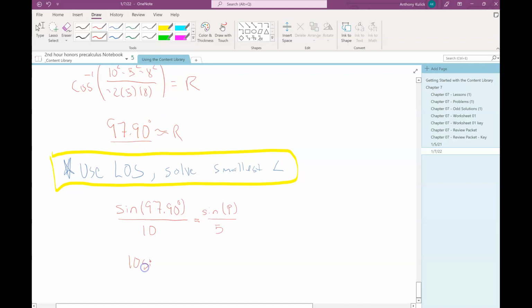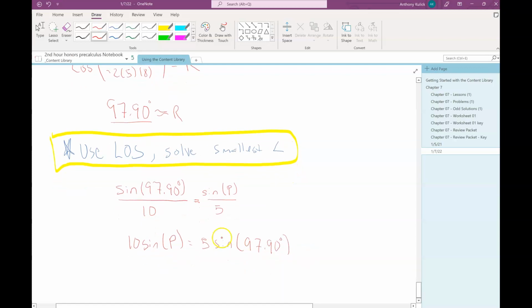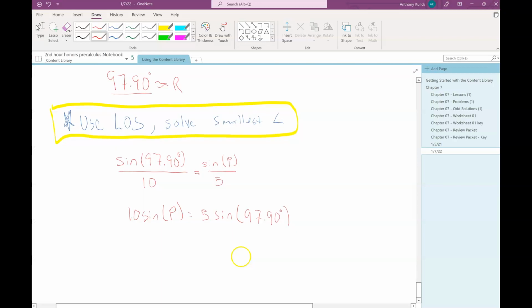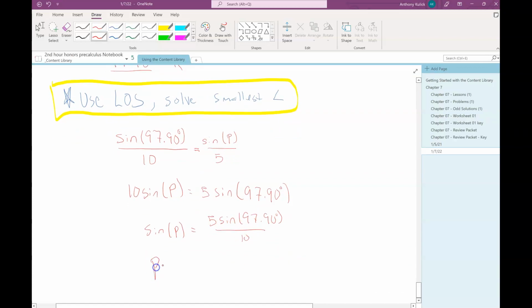So cross multiply, sine P equals 5 times sine 97.9. And then divide both sides by 10. And then sine inverse both sides.